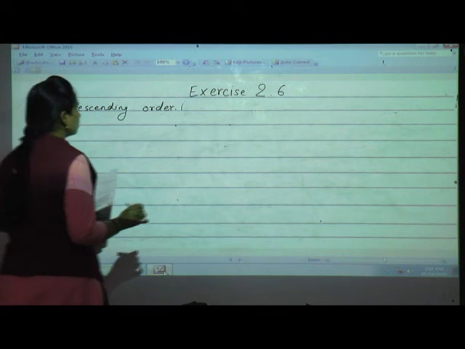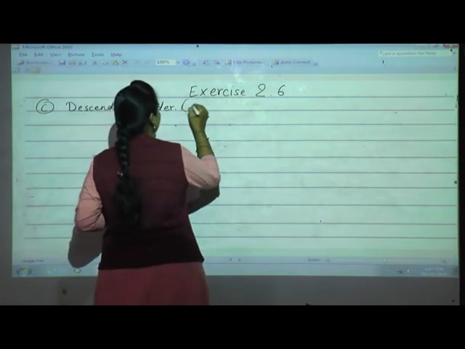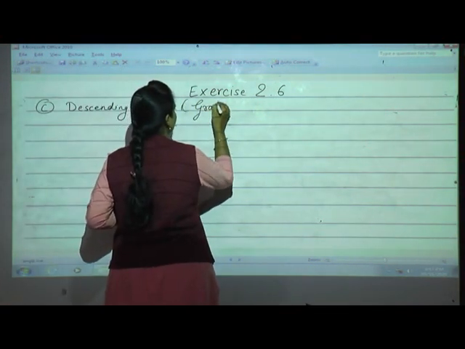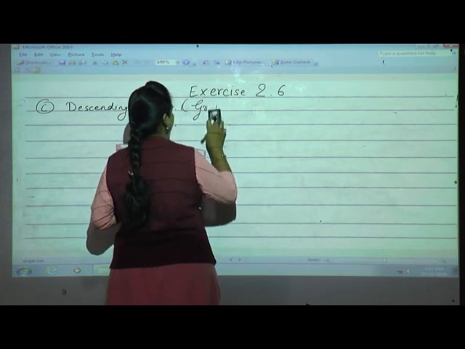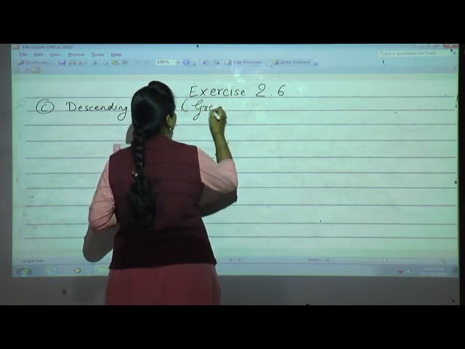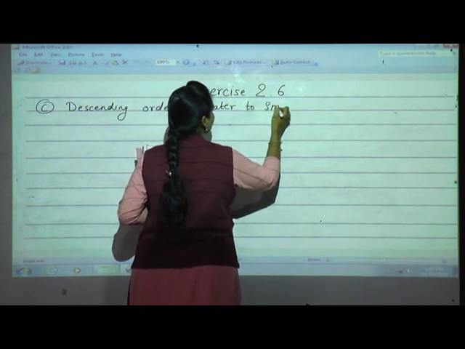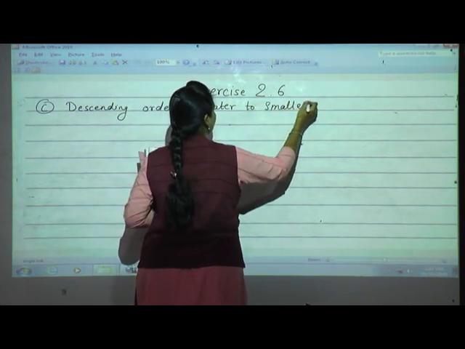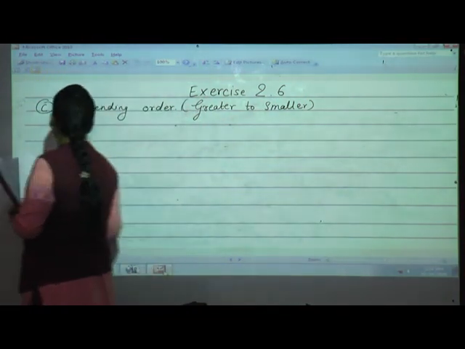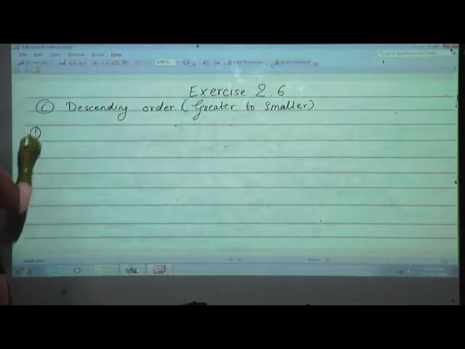Descending order means what, students? Greater to smaller. Now first example I will solve for you.